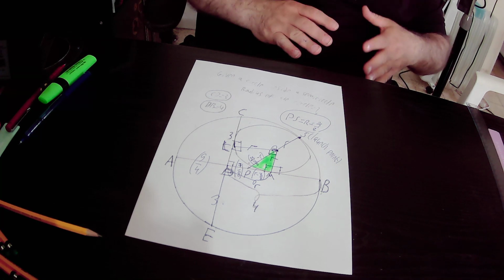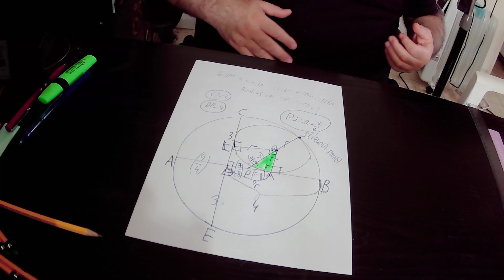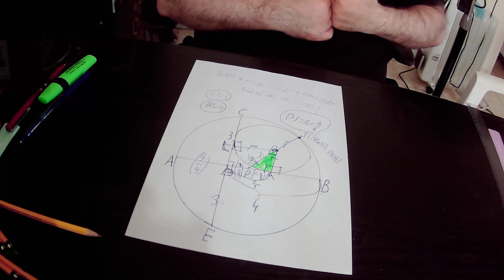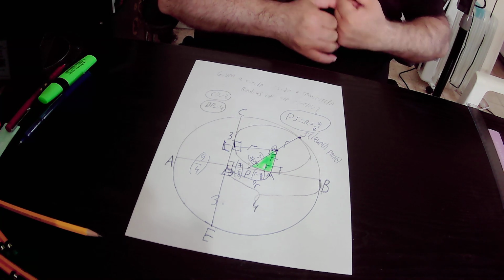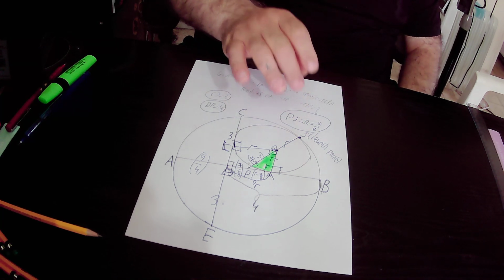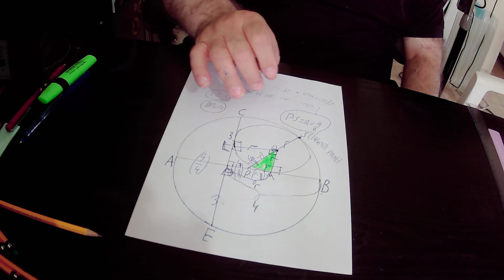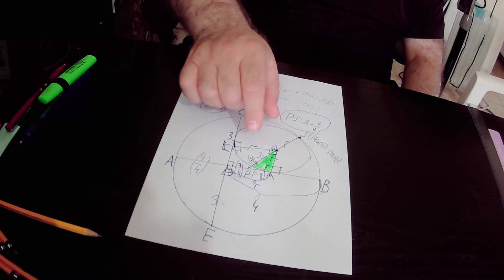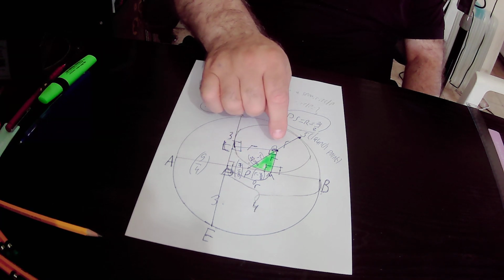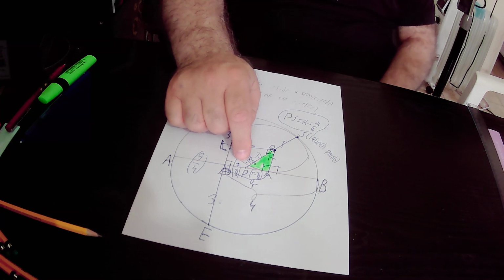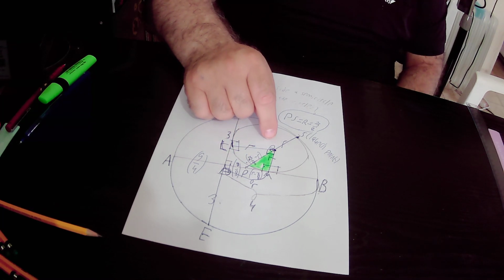According to rule number 2, whenever you have an internal tangent between two circles, then the straight line that connects the two centers together, that is to say PQ, must pass through the tangent point. P is the center of the big circle, Q is the center of the small circle.